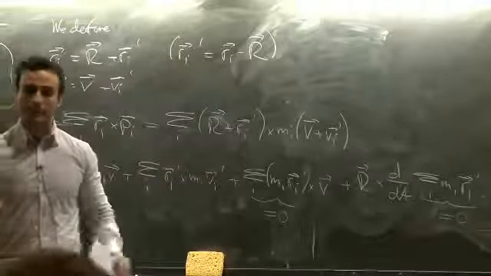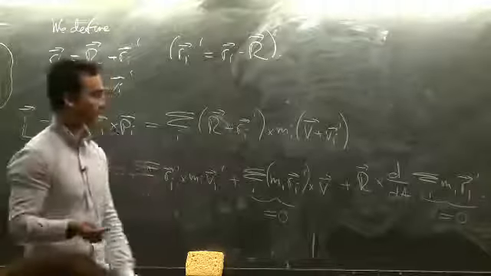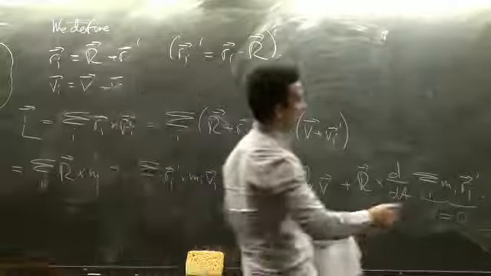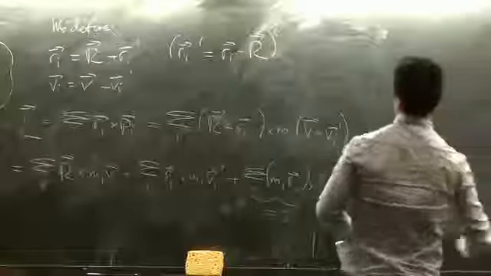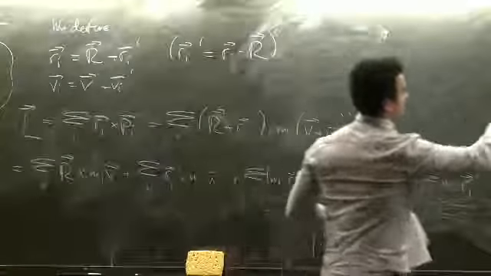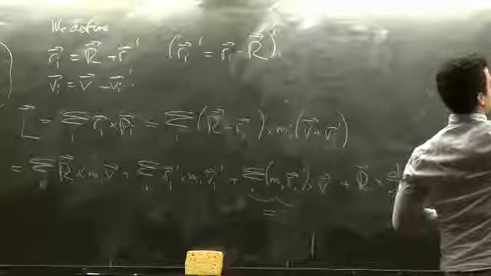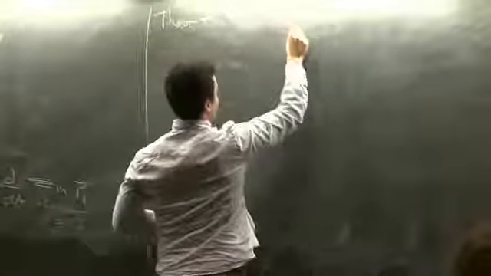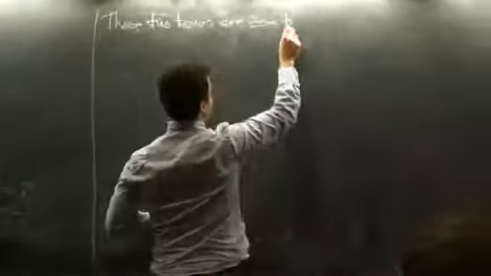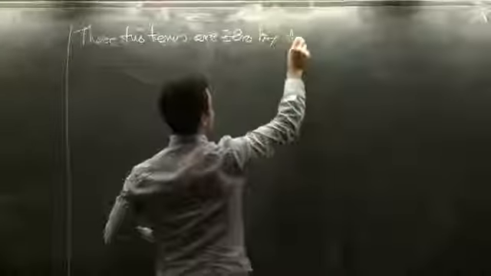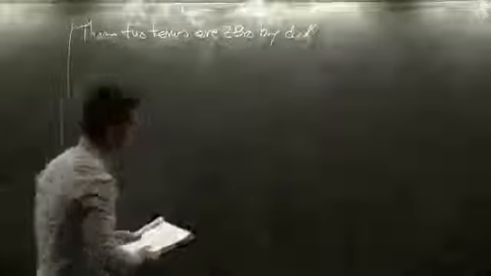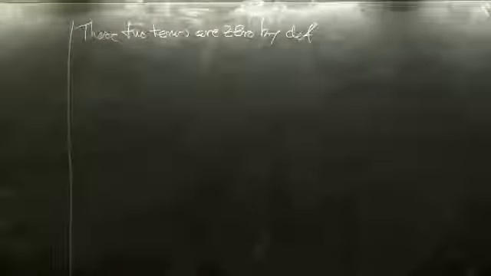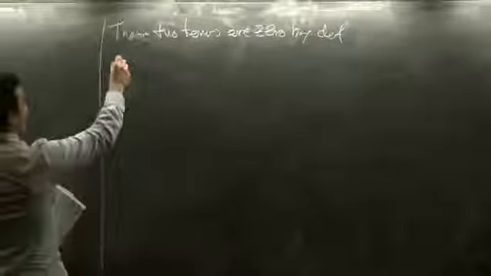We can see this by using the definition of the center of mass coordinate. So these two terms are actually 0 by definition.